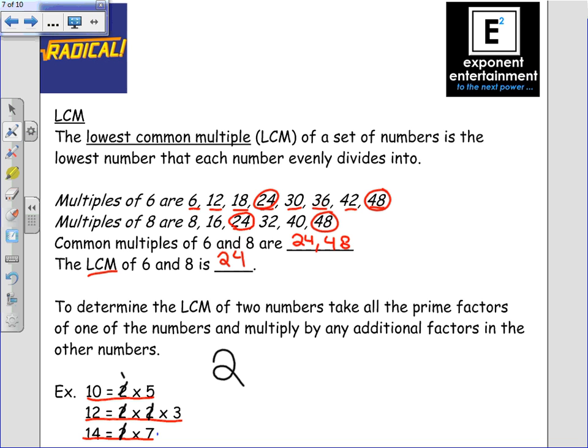Just once. Next number. 5. And multiply by 5. And what's the next one? 7. That's the last one. Multiply all those numbers together, and what do you get? 210? Yep.